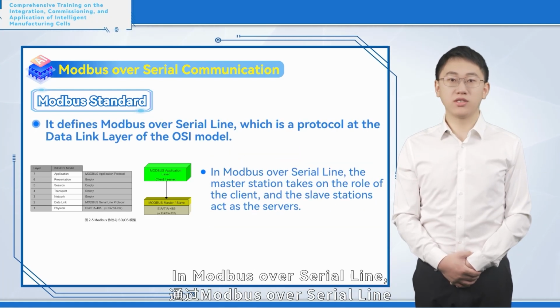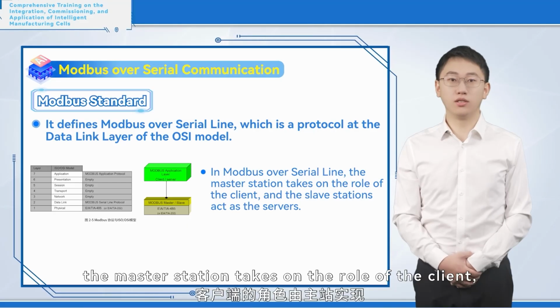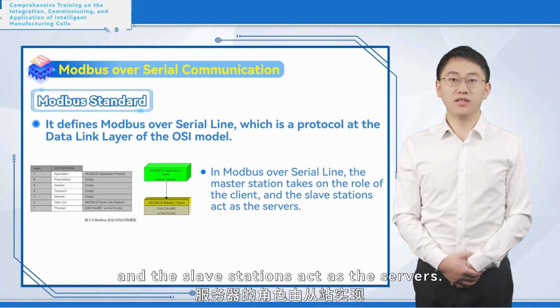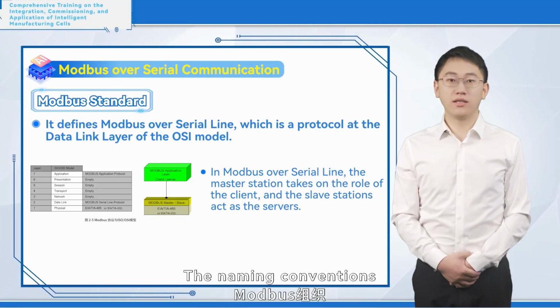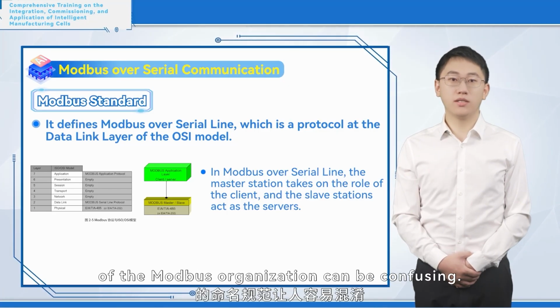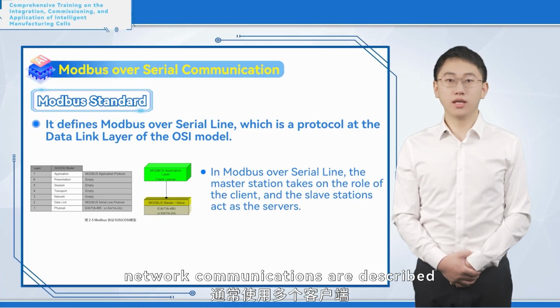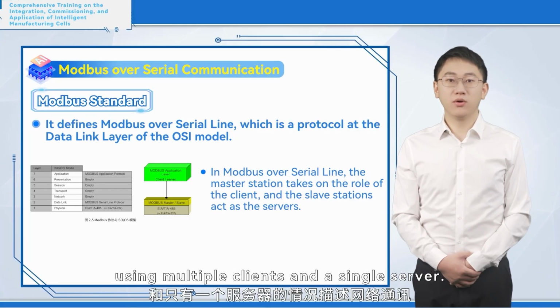In Modbus over serial line, the master station takes on the role of the client, and the slave stations act as the servers. The naming conventions of the Modbus organization can be confusing. Traditionally, network communications are described using multiple clients and a single server.